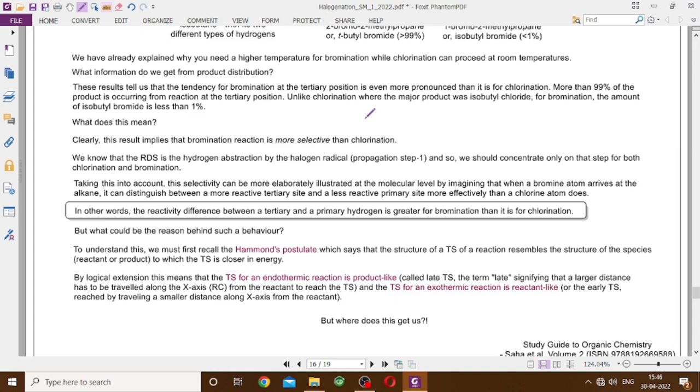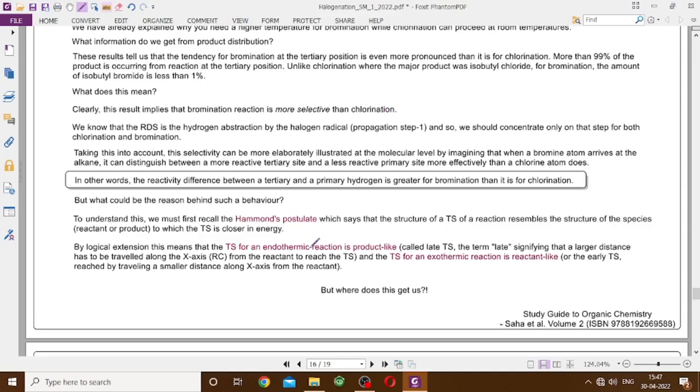If the TS is closer to the reactant in energy, then it will mimic the reactant. If the TS is closer to the product in energy, then it will mimic the product. And when I say product, I don't mean the final product, it could be the intermediate.